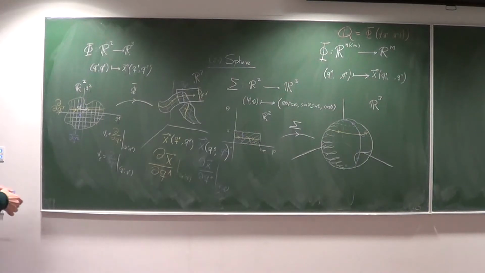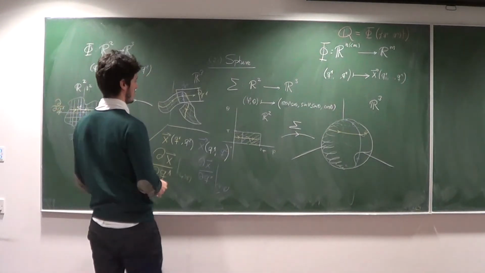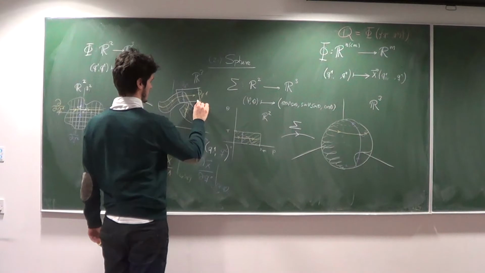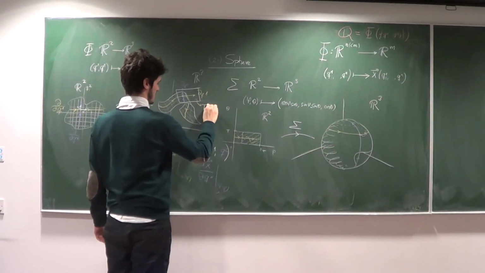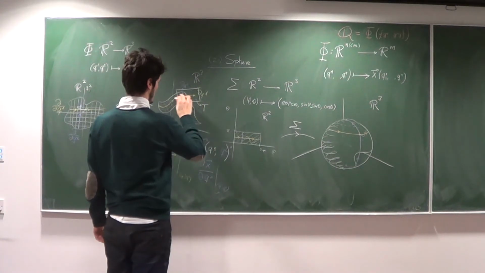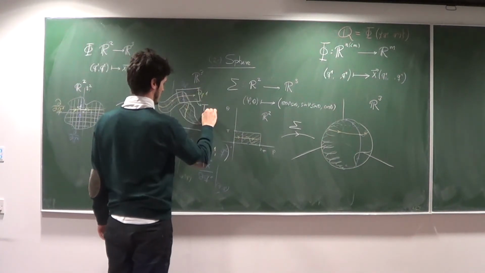Okay, so that means, for notation, this is called the tangent space at, let me call that point x in general.